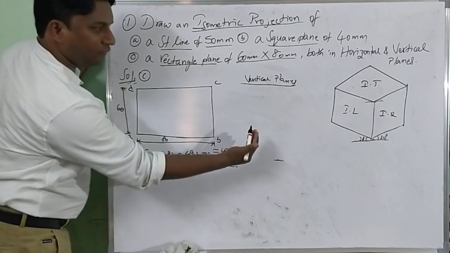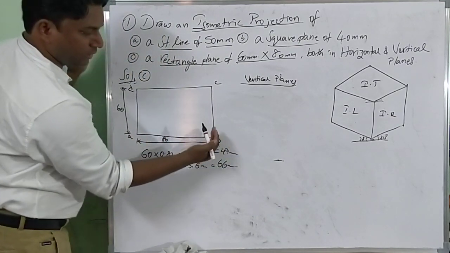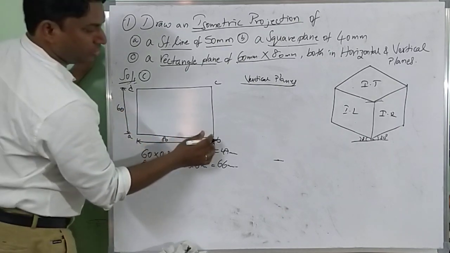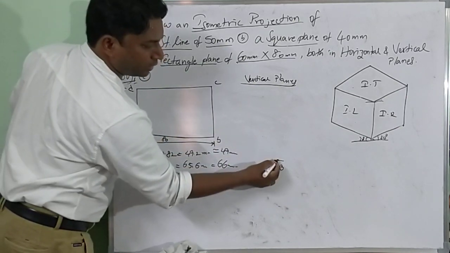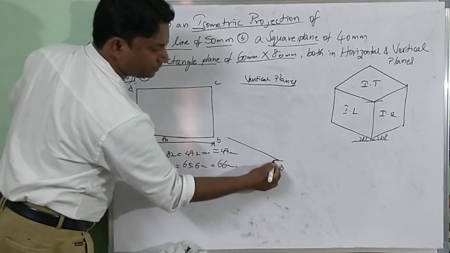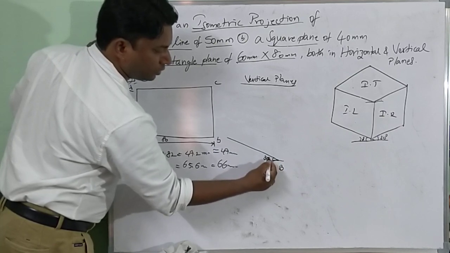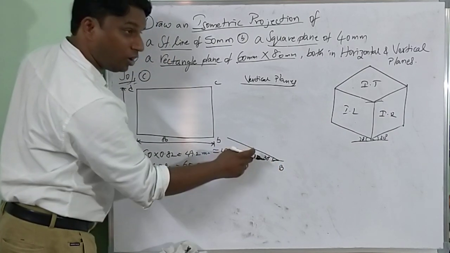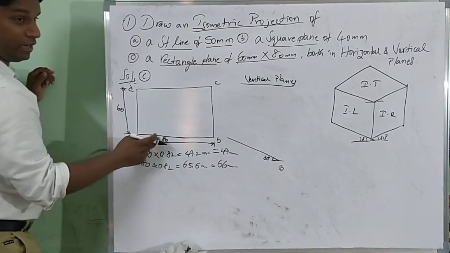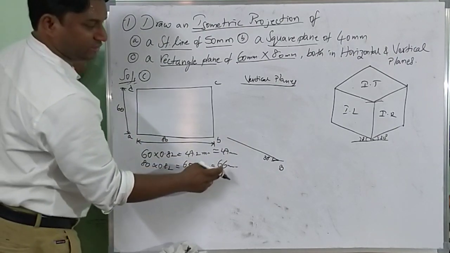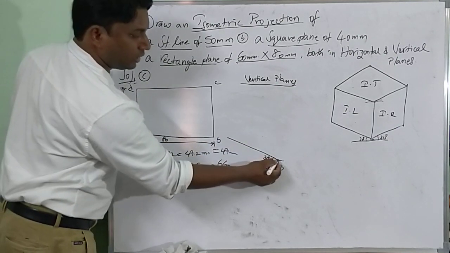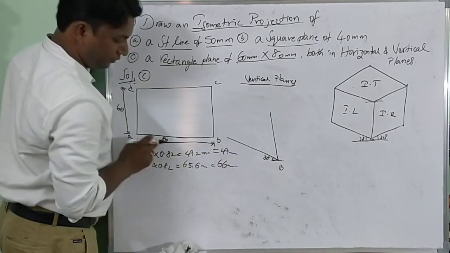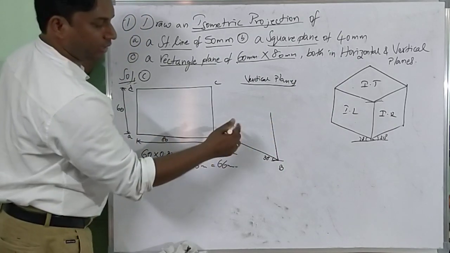I am doing iso left first. Iso left means this has to come towards the left side. So B is my reference point. From here, a 30 degrees line of what length? 80. But for 80 we have to take 66. Now here, height of 60, but we have to draw 49.